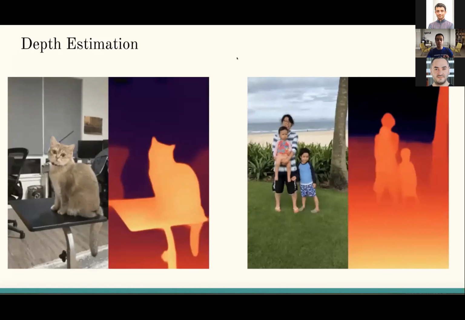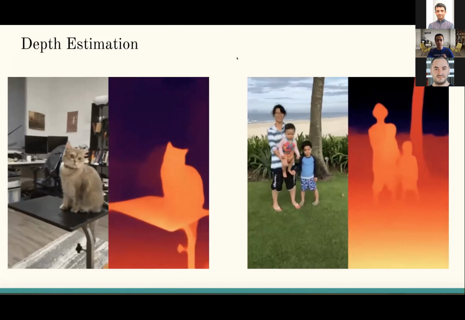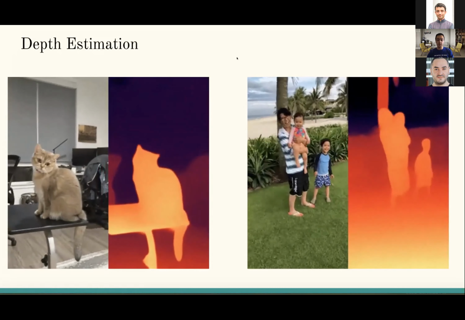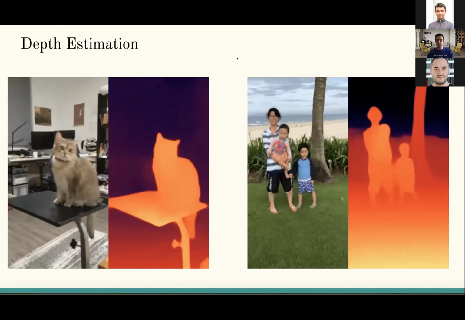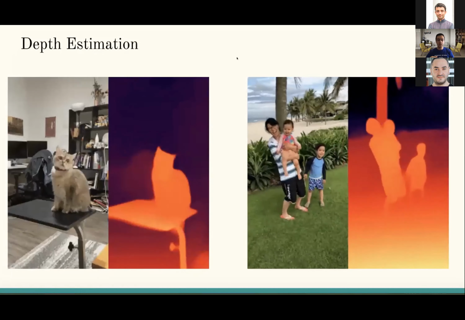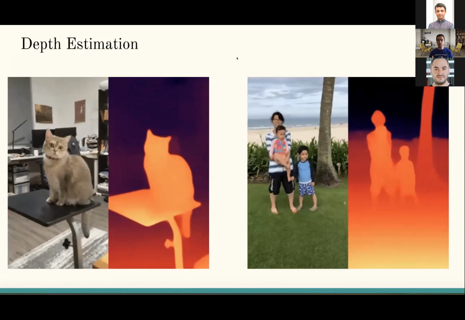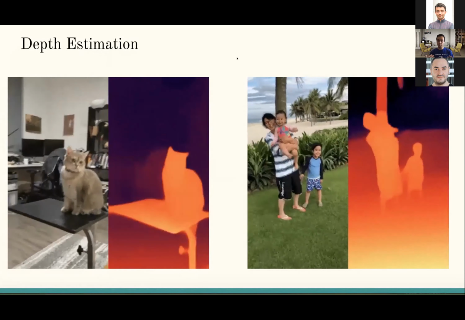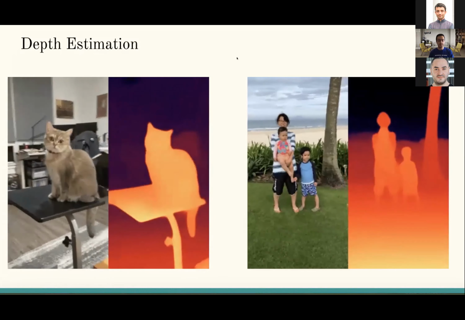So in those two examples, it gave us the distances for all those pixels. And let's pay attention to the fact that depth estimation also is a very important problem to solve for making self-driving cars.